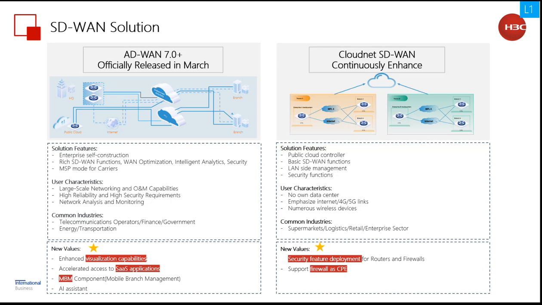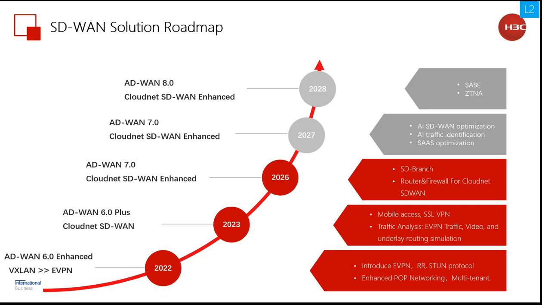What that gives you the ability to do, actually, I'll show you a slide on that in a moment's time. And then just a bit of a roadmap on the H3C SD-WAN roadmap in general. I know this is a CloudNet discussion, but they work hand in hand.